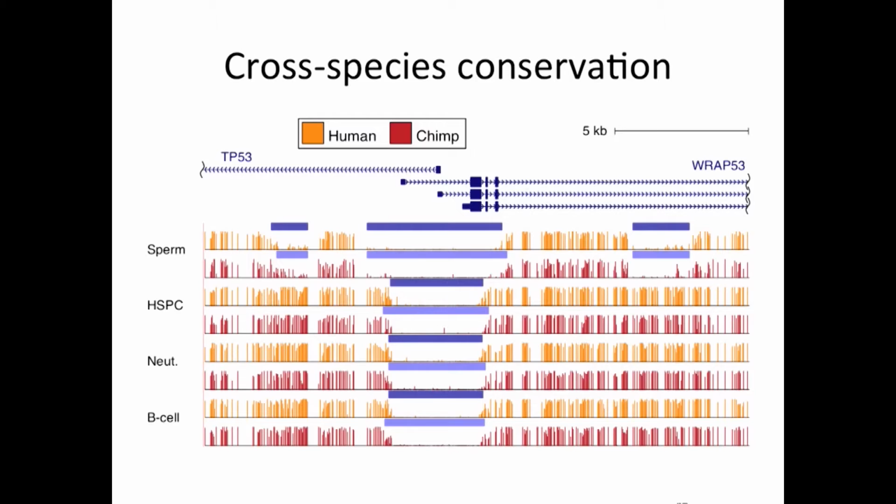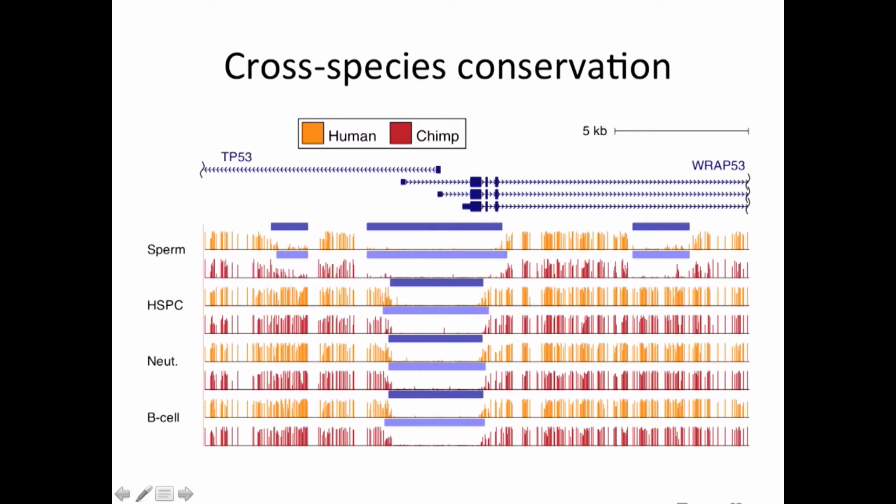We've taken chimp reads and lifted them over to the human genome, so that's why you're able to see the data like this. And this is a specific example of a bidirectional transcription start site that's shared. The patterns of methylation are shared between chimp and human.